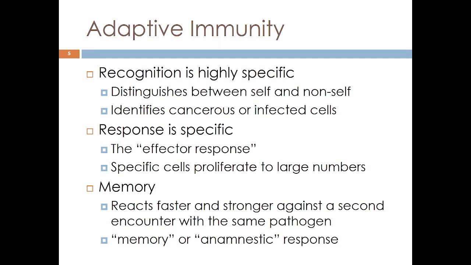And as I was kind of alluding to earlier, the response is specific. So it's not just a generalized blanket response. Based on what kind of pathogen it is, what kind of mechanisms it has, your immune system is going to kick into one of several different branches that are going to be specifically targeting that type of pathogen. And of course, you're going to have that memory aspect, so that if you do have a secondary infection later on, your body knows what to do with it.